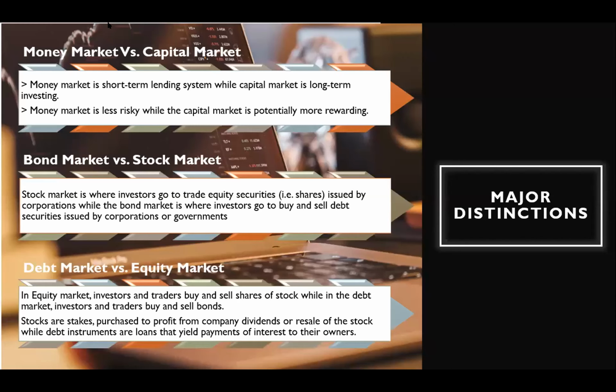Moving on, let's discuss the major distinctions of the types of financial markets. First, money market versus capital market. Money markets are used for short-term purposes, probably for borrowing, and usually the assets are held for 1 year or less, whereas capital markets are used for long-term purposes. Capital market has a higher possibility of default on credit of more than 1 year of maturity, and the risk of interest is also higher.